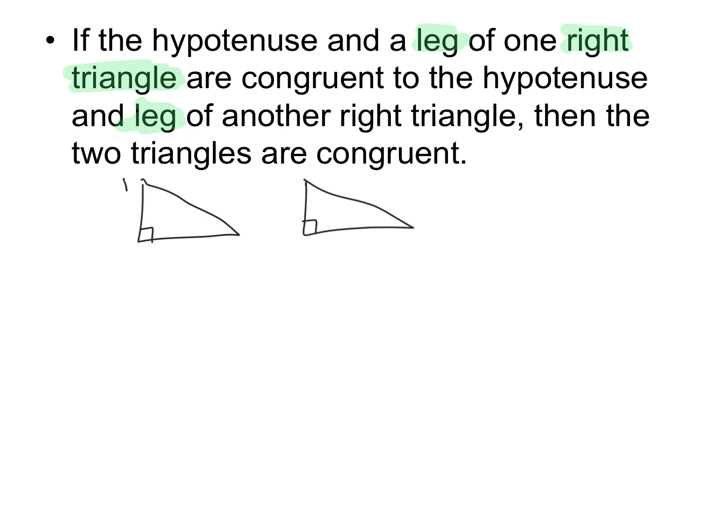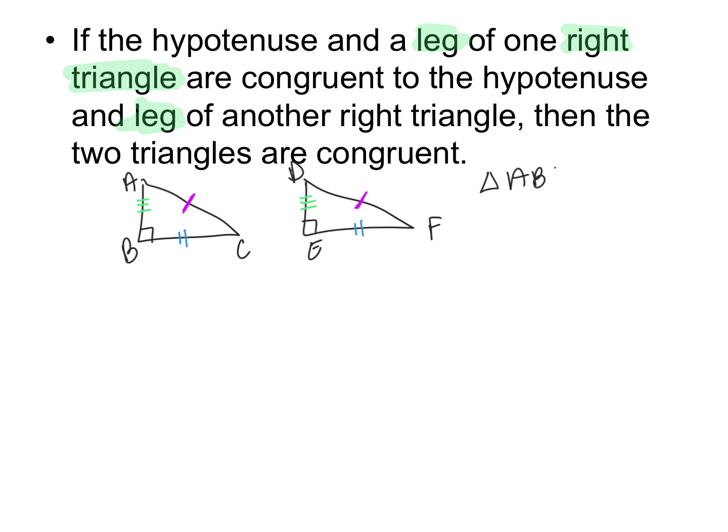Okay, I have triangle A, B, C, D, E, F. So they're telling me the hypotenuse, which is this right here, it's opposite to my angle, and one leg. I'm just going to draw another leg just so we can get some more explanation. All right, they stated that they're right, so I'm just going to give you a congruency statement.